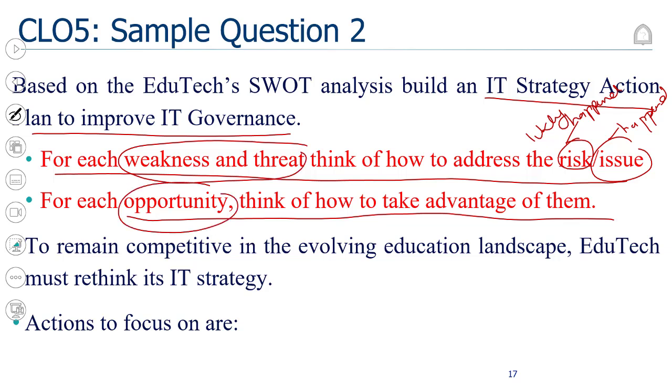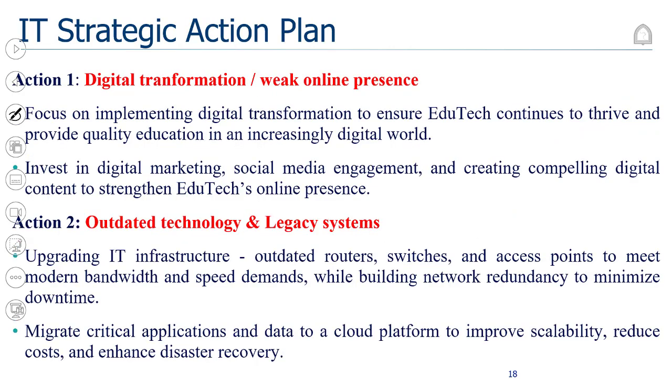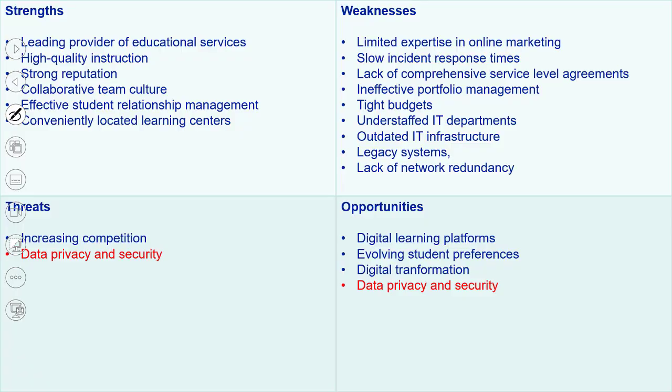Strength is already strength, so you are not concerned about it. It's your advantage. But look for your weaknesses and your opportunities, and think of how you can address them. So in this particular case, for example, I picked something like digital transformation, weak online presence. That was a problem that we identified here. Okay, where was that?